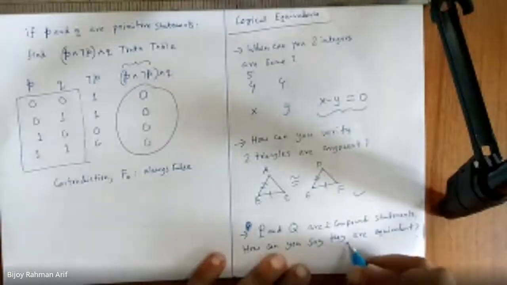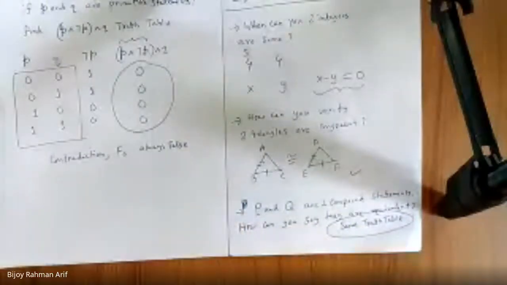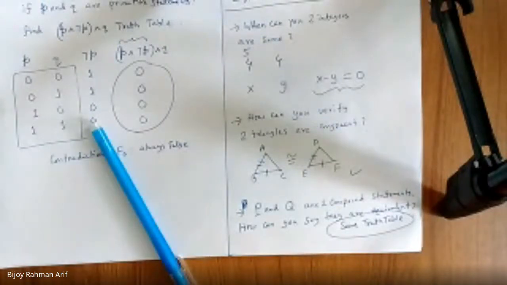Can you repeat the question? Yes. How can you say two compound statements are equivalent? How can you prove that? Is the question clear to you?